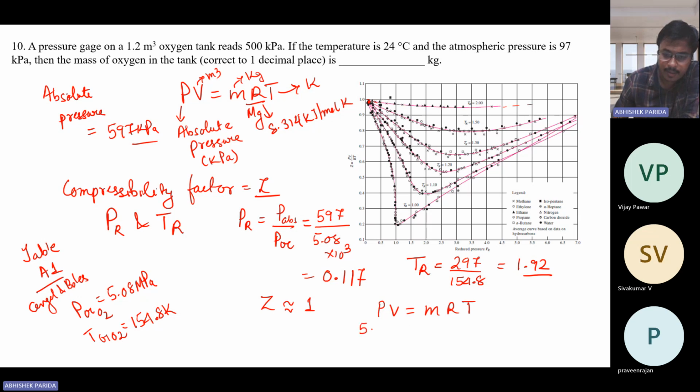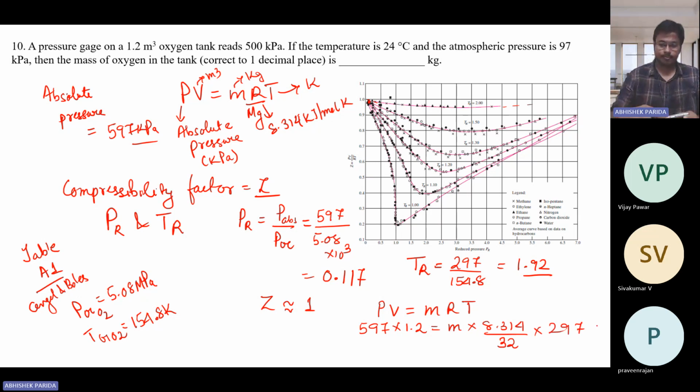So 597 kilopascal. Volume is given, 1.2, is equal to m times R, which is 8.314 divided by oxygen's molecular mass, 32, into temperature 297.